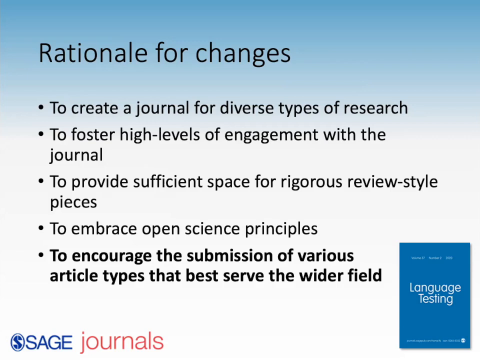So we've started to receive more submissions which are meta-analyses, but we also wanted to create space for longer systematic reviews. We wanted to, and this is really strongly driven by Paula and Dylan at MSU, I should say, embrace the principles of open science.